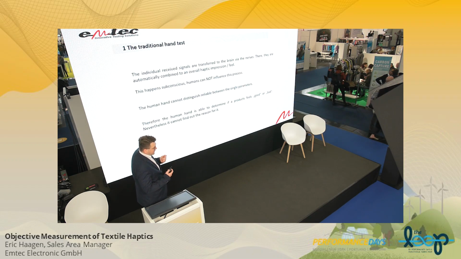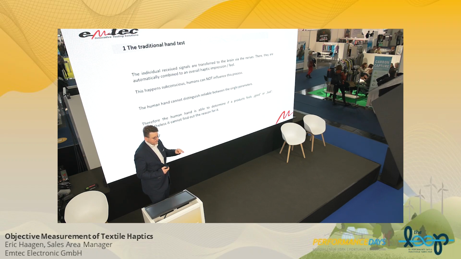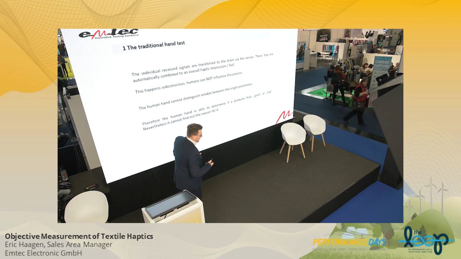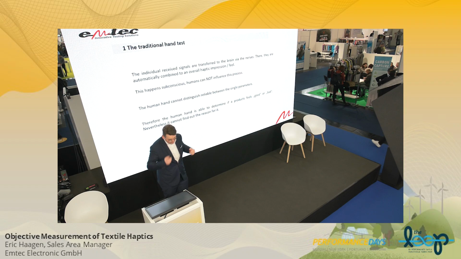So now you have heard that our hand can feel these parameters individually. So why do we need a device? There is one main problem, and the main problem is our human brain.